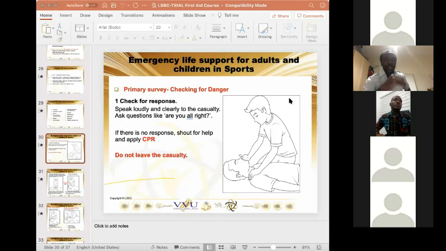That is how to apply the CPR. For example, after checking the airways of the athlete and knowing the person is unconscious, that is the process you have to follow. So please, if you have the slides with you, the first video below the slides is the one I'm talking about.